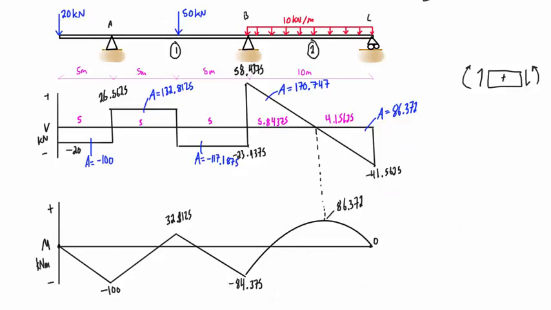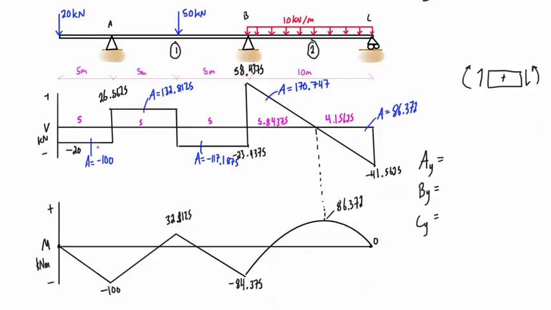And the last thing that we want to do now is identify what the reactions are for AY, BY, and CY. Now we can get these right off the shear force diagram where we look at this jump in A. Like where this point load is, what's pressing down, it's a magnitude of 50 kilonewtons, and the graph drops by 50 when we encounter that. Basically, if there's a point load pressing down, that's what happens. If there's a point load pressing up, the graph is going to jump like that.